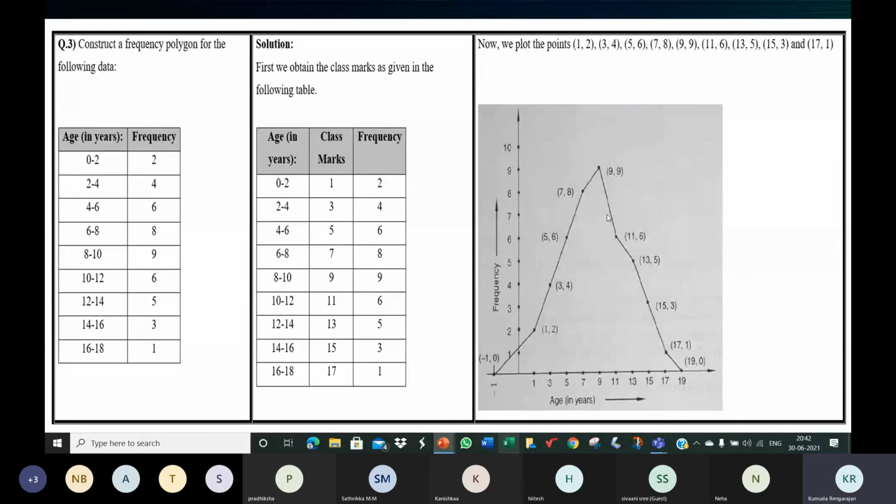So this is how it will be to put up a frequency polygon without the histogram. This is a frequency polygon without a histogram. Let me explain this so that you can finish it by yourself later.